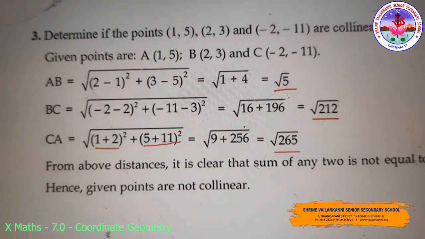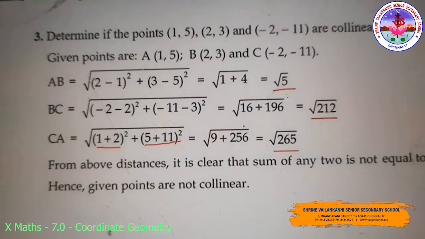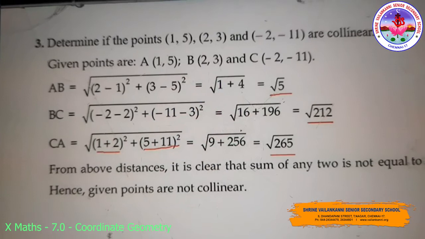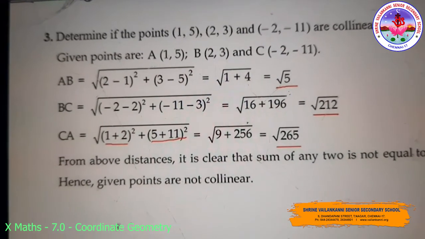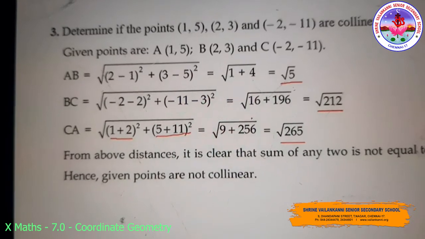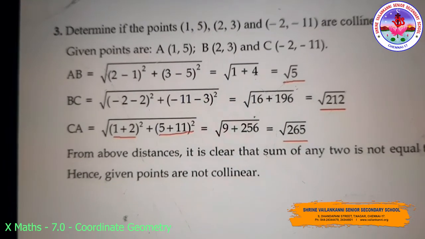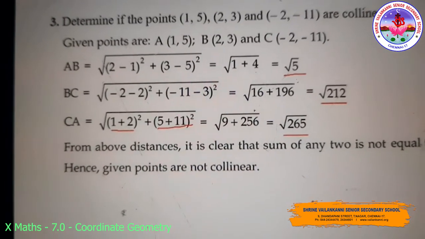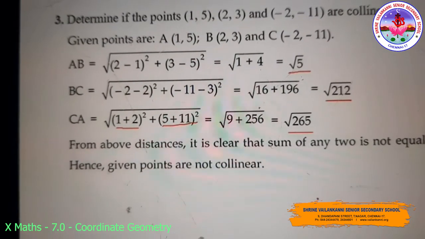BC distance is equal to square root of minus 2 minus 2 the whole square plus minus 11 minus 3 the whole square, which is equal to square root of 4 squared plus 14 squared, which is equal to square root of 16 plus 196, which is equal to square root of 212.